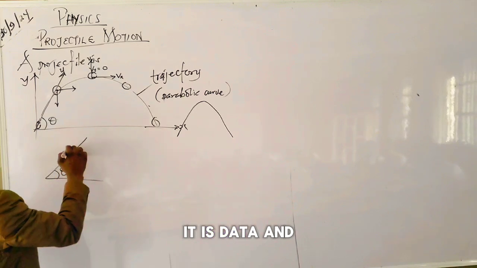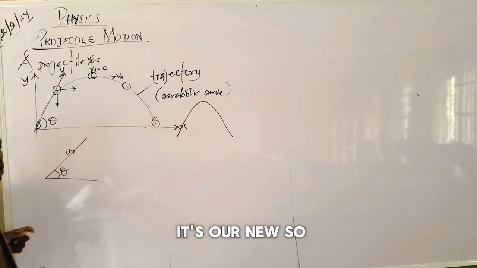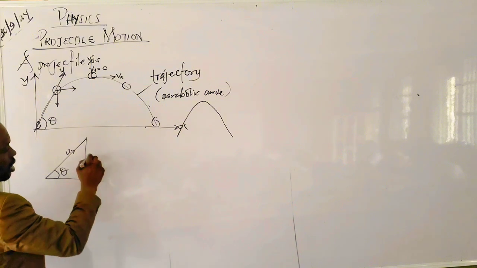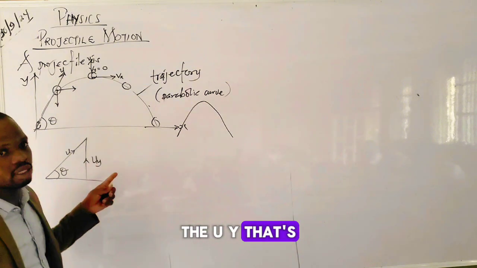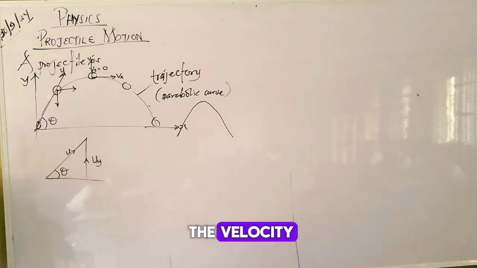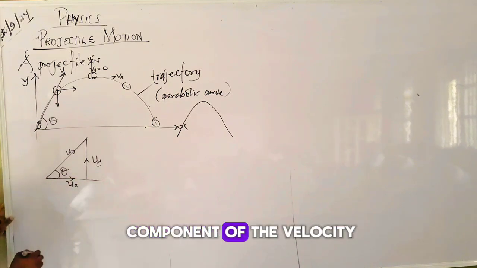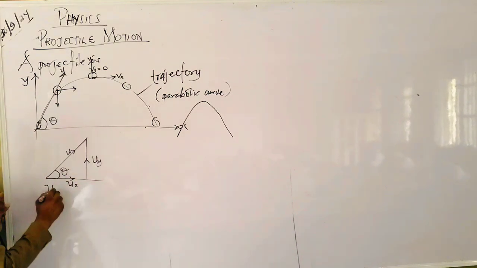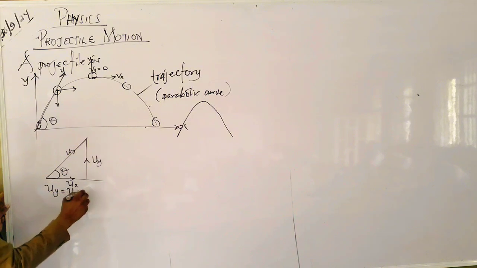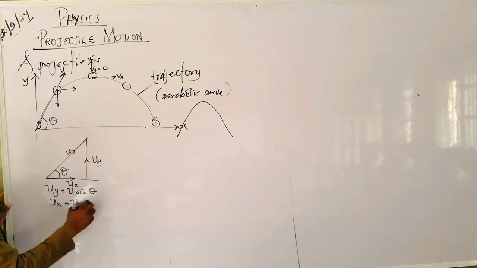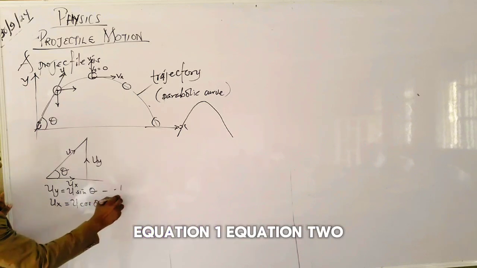It is theta and this is our u. So we can find the uy, that's the vertical component of the velocity. Are you with me? And this is the horizontal component of the velocity. So the vertical component is u sin theta and ux is u cos theta. Equation 1, equation 2.